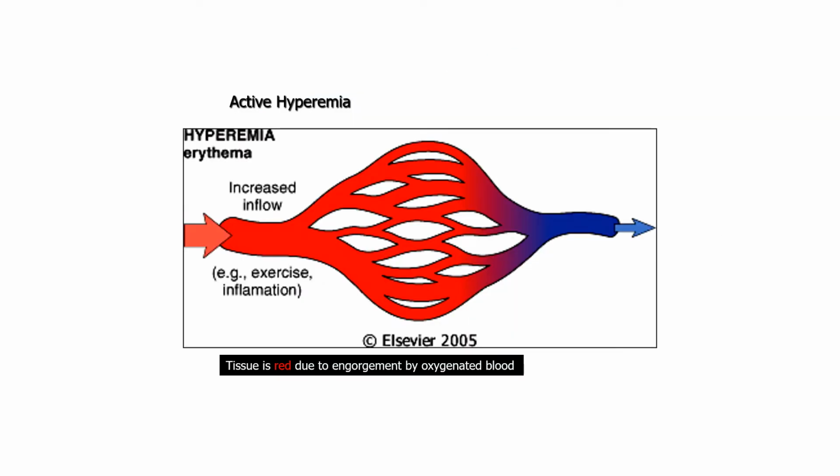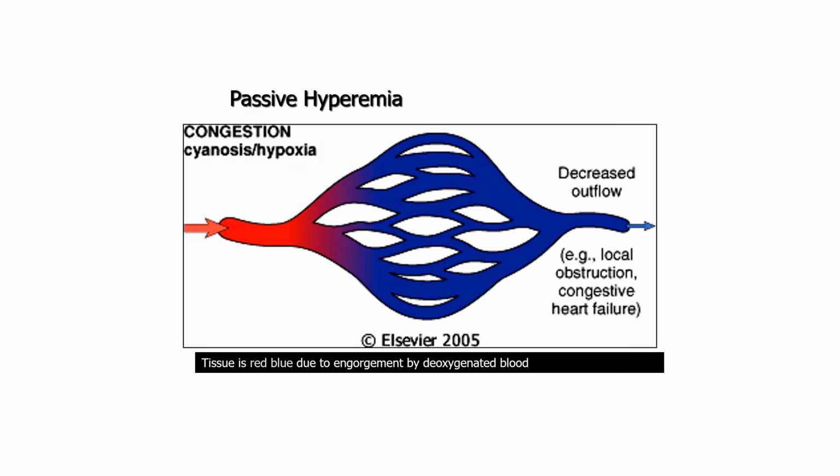So active hyperemia is an increase in oxygenated blood. Passive hyperemia, or congestion, is decreased outflow, obstruction of the venous outflow, so you will have accumulation of deoxygenated blood, and the organ becomes blue. However, in active hyperemia, the organ becomes red in color.